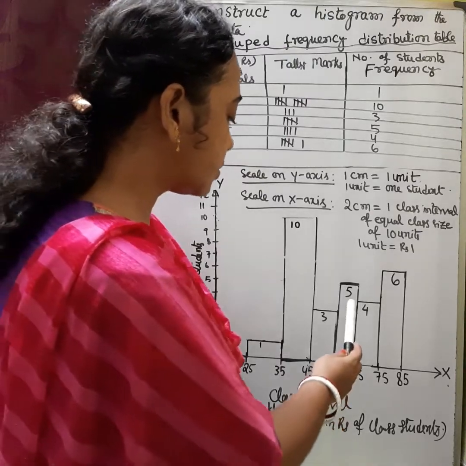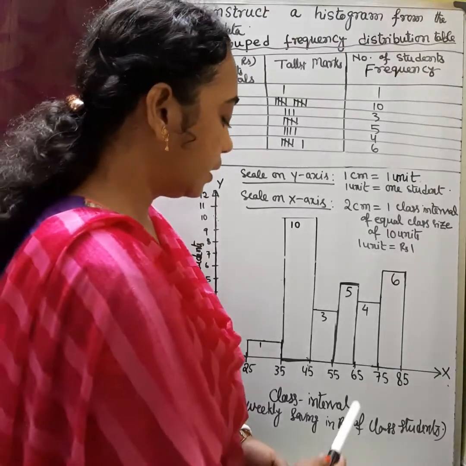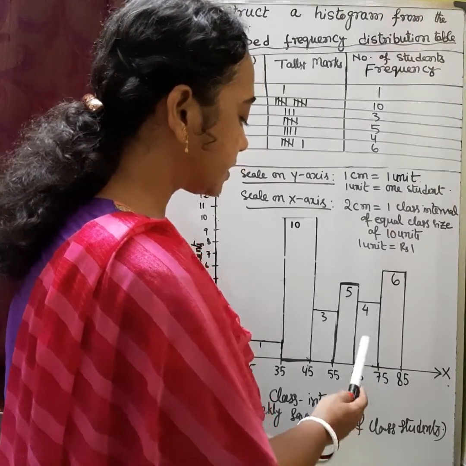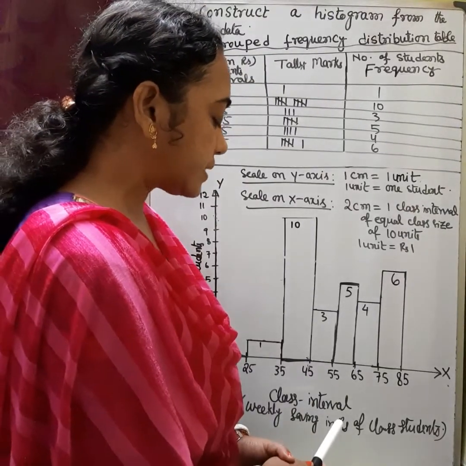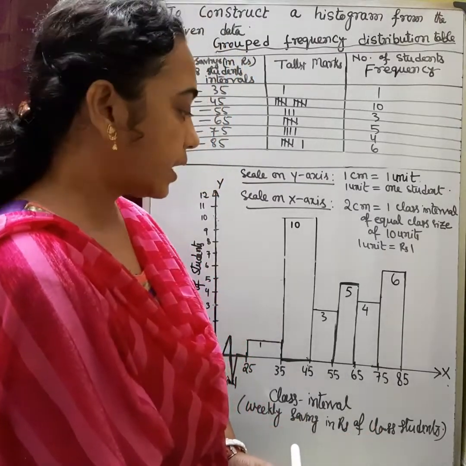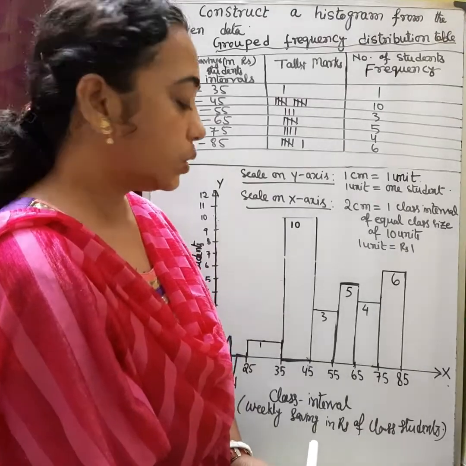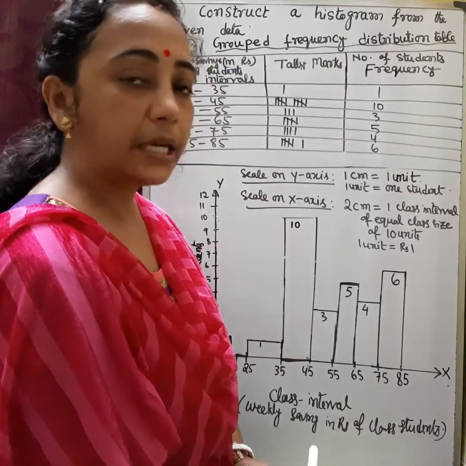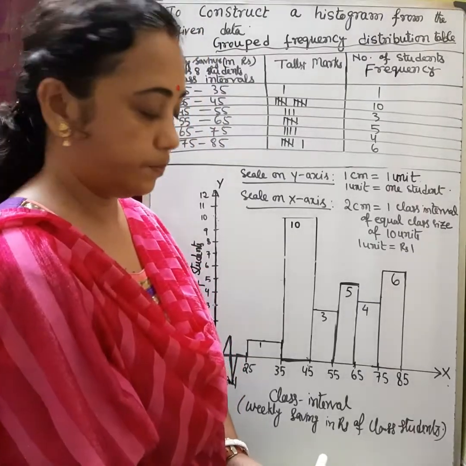There are 5 students of class 8 whose weekly saving is in between 55 to 65. There are 4 students whose weekly saving is in between 65 to 75. And there are 6 students of class 8 whose weekly saving is in between rupees 75 to 85.